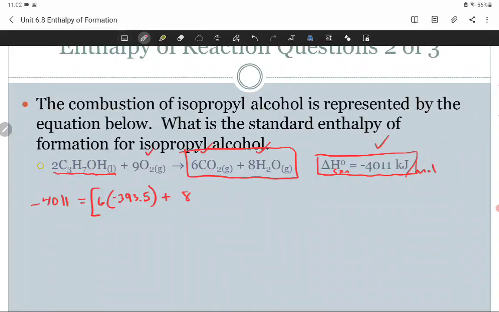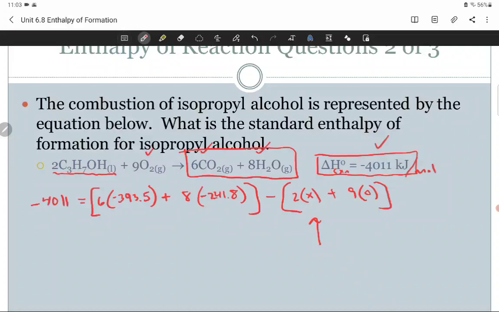And then there are 8 of the gaseous waters at negative 241.8. Okay, and then we have to subtract it from all of the reactants. Well, we don't know the isopropyl alcohol, so I'm just going to get the variable X. And we also know that oxygen gas in its elemental state has a formation value of 0. So now we have everything we need to solve for that part.